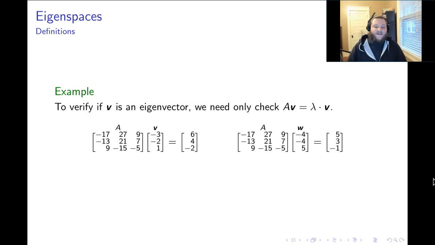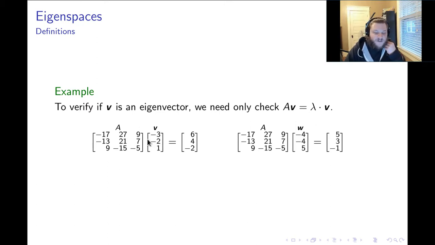So let's see an example. If you're looking for eigenvectors, what you're looking for are vectors that satisfy the equation A times v equals lambda times v. So here we're looking at an example where we have a 3 by 3 matrix A, and on the left here we're multiplying by a vector v whose coordinates are negative 3, negative 2, 1.